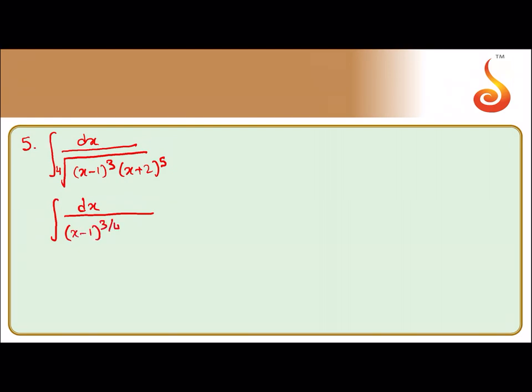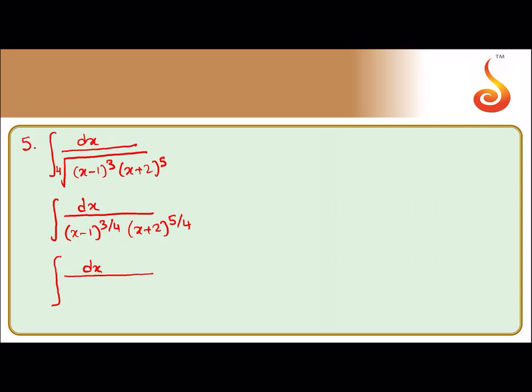So if we rewrite this one as dx by, this can be written as x minus 1 to the power 3 by 4 and x plus 2 to the power 5 by 4. We have to do rearrangement in such a way that we get the derivative and one function. What do you mean by one function?